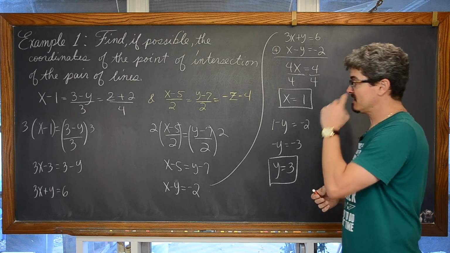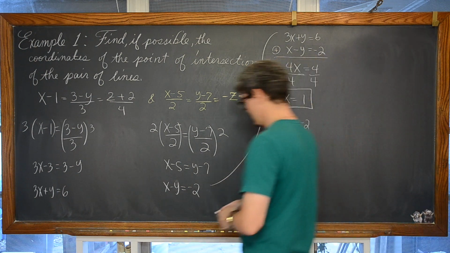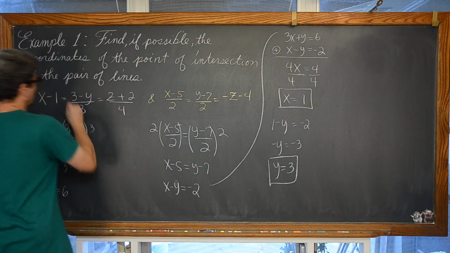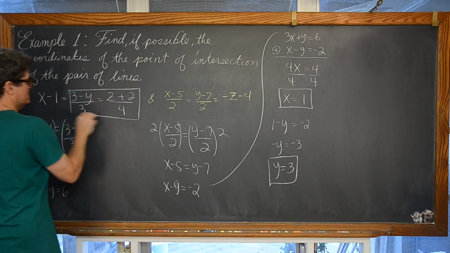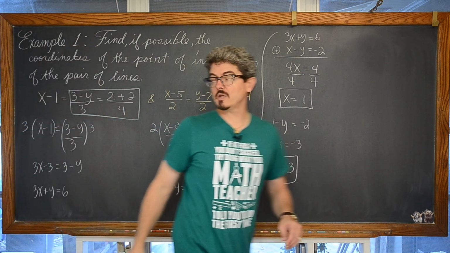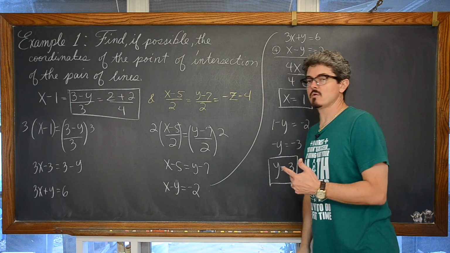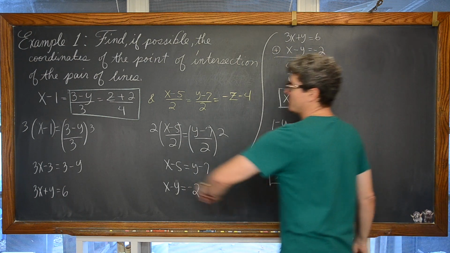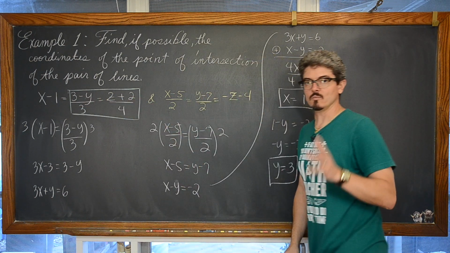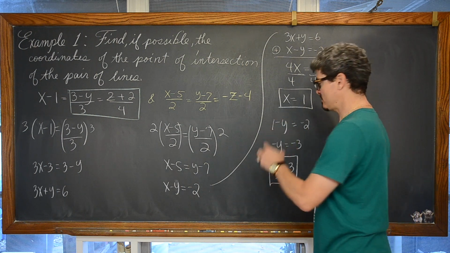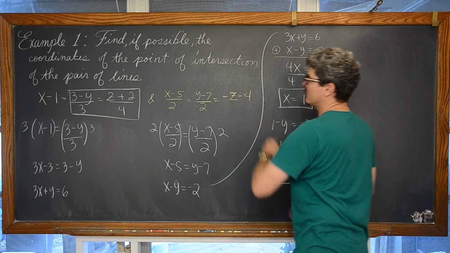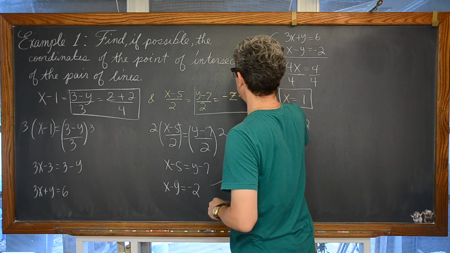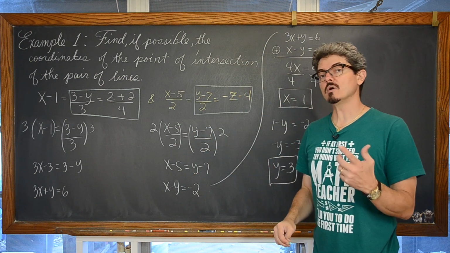You can't just look at one of the equations. We're going to look at 3 minus y over 3 is equal to z plus 2 over 4. We're going to take this value of y and plug it in here and solve for z, but that's not all we can do. We have to take this value of y and plug it into both of these equations and make sure we get the same value of z.